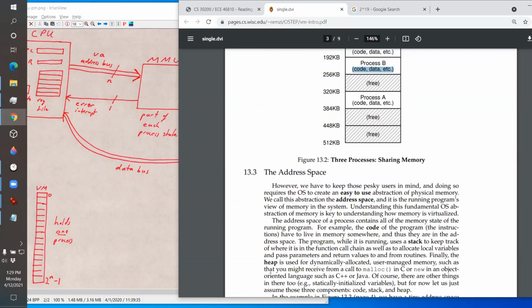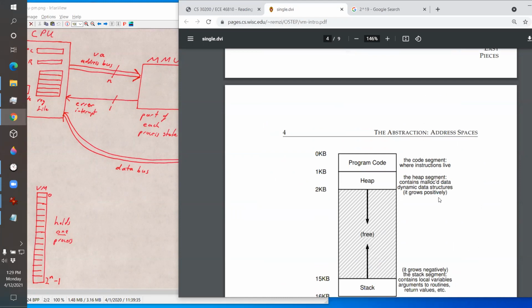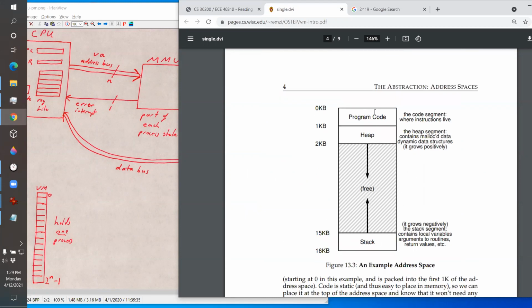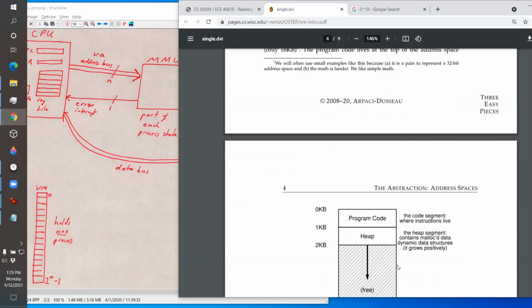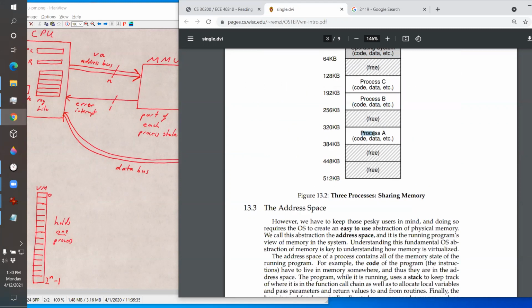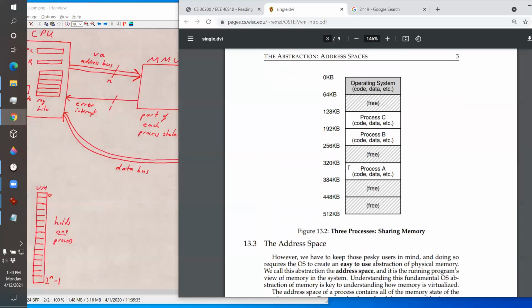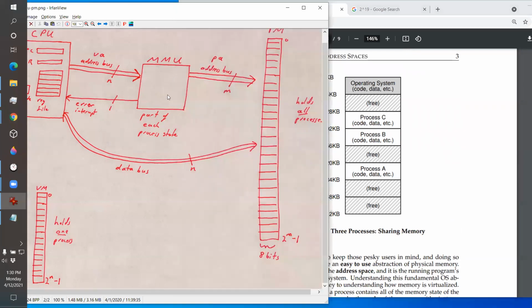But then the other thing virtual memory does is it makes it easier for us to move processes around. Because processes are self-contained in a virtual address space where addresses are fixed between 0 and, in this case, 16 kilobytes, if I choose to move process A and bump him down to here to create a bigger empty block, I halt process A, I switch into kernel mode, the kernel copies everything in process A down to here, and then the kernel updates process A's memory management unit somehow.